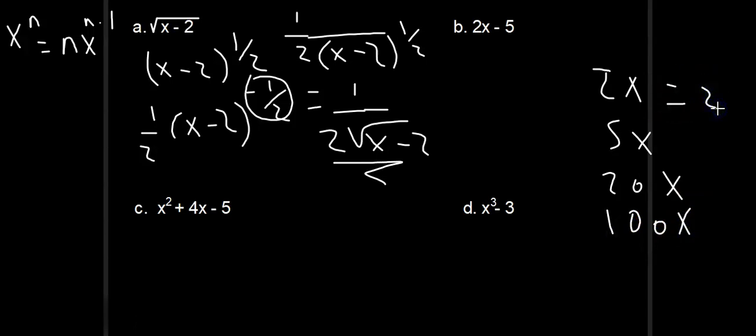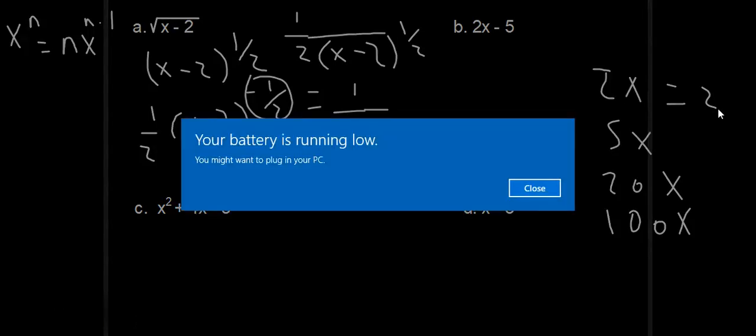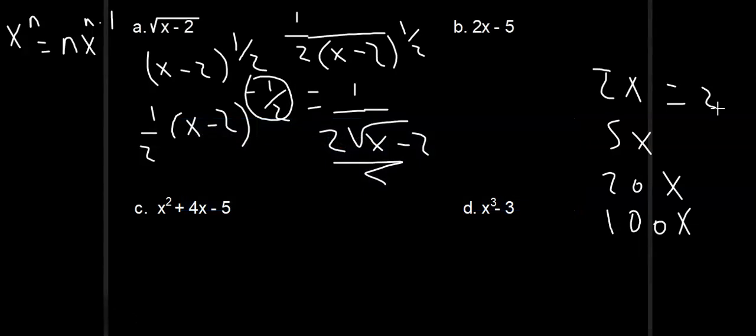So the derivative of this type of form will be the constant number that is found with the variable. So the constant number for 2x is just 2, and 5x is 5, 20x is 20, and 100x is 100. This is how it goes.